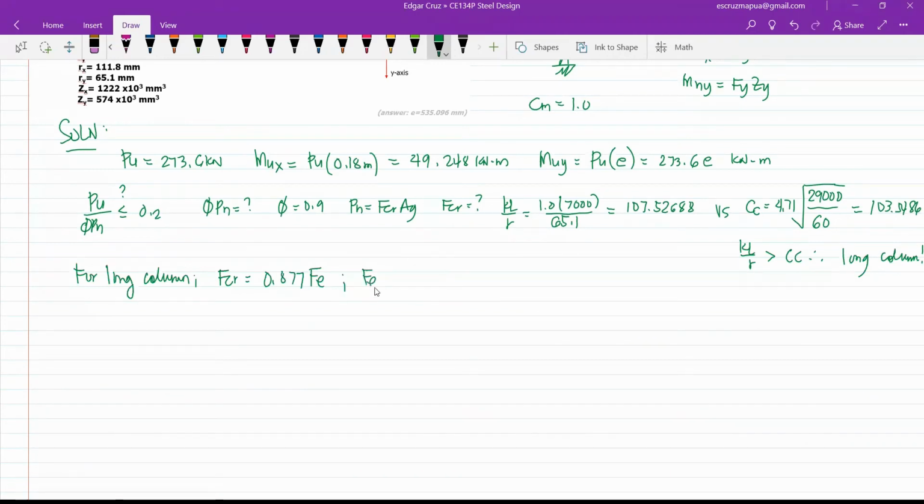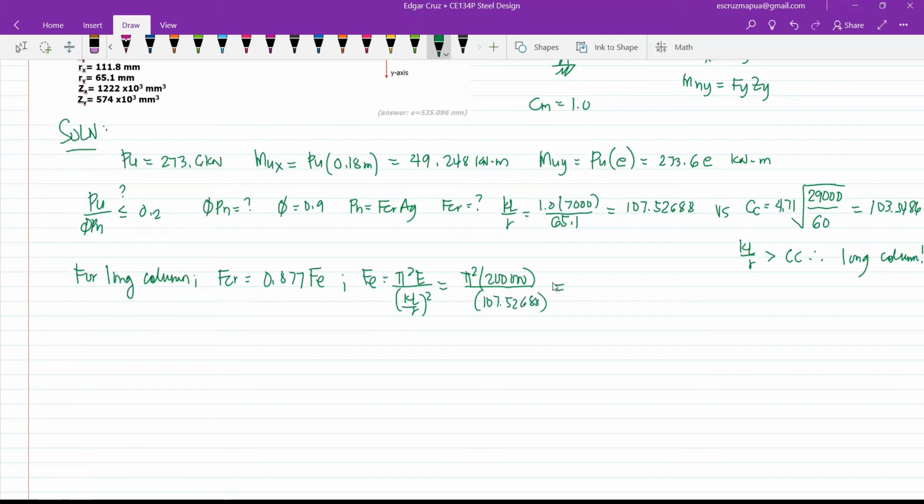Yan yung Euler stress, which is pi square E over the KL over R square. So, pi square E, say 200,000 para maging megapascal yung Fe natin, divided by the KL over R, which is 107.52688 squared.